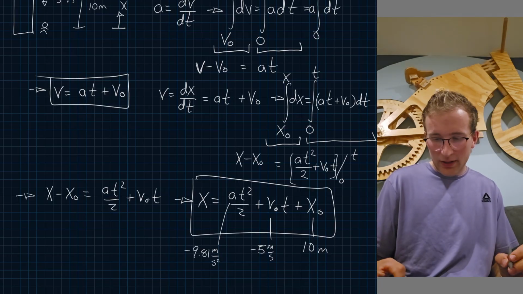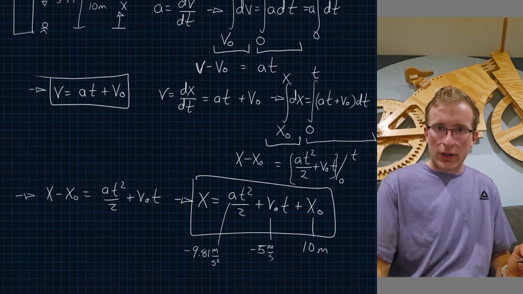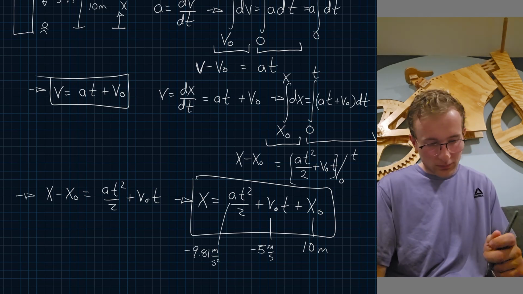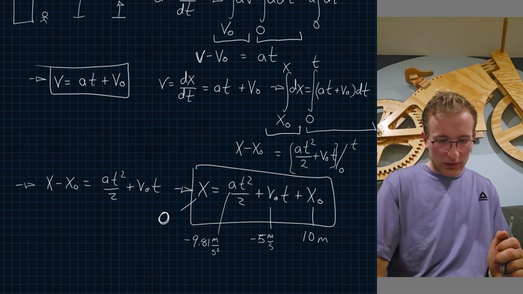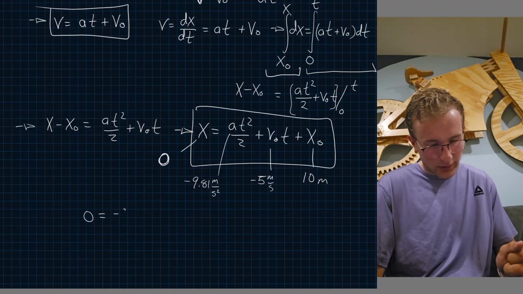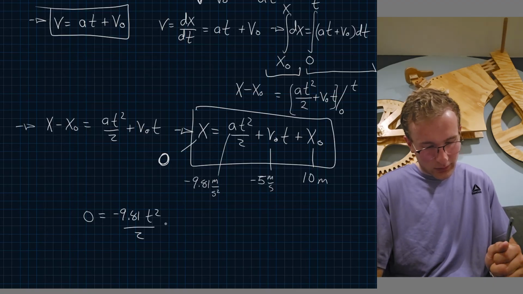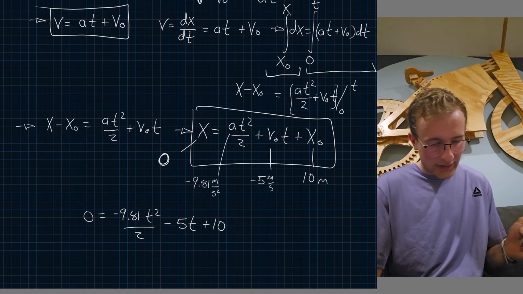Okay, and I want to find the time when the water balloon hits the ground. So the time when the water balloon is at x equal to 0. So x is equal to 0, and then I can plug everything in. I get 0 is equal to -9.81 t squared over 2 minus 5t plus 10.